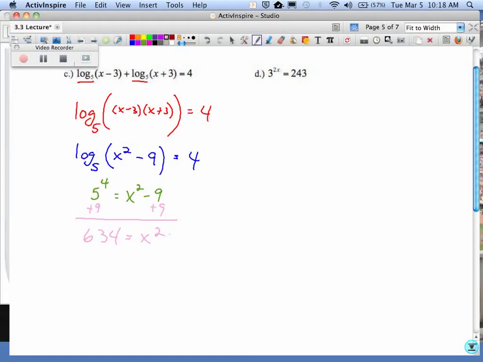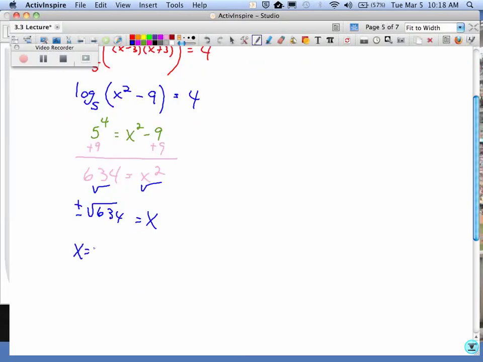If I square root, I get x equals plus or minus. Is that a nice number? No. Let's just do 634 then. So x equals the square root of 634, and x equals the negative square root of 634.